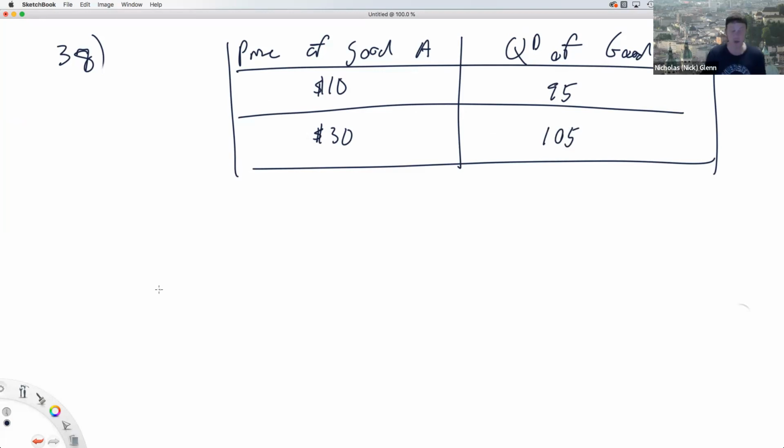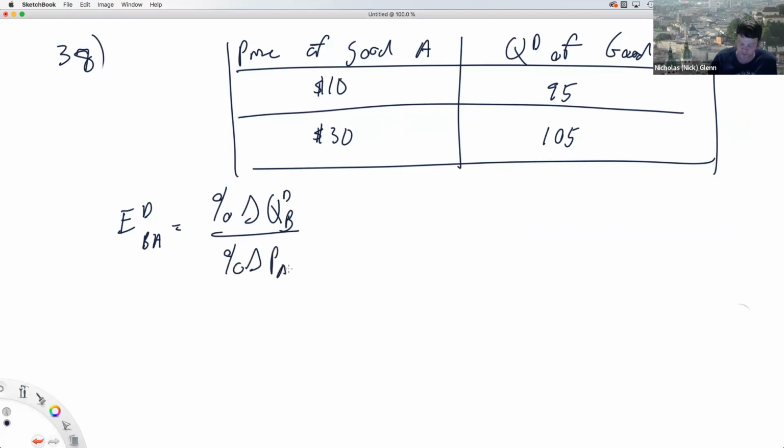All right, so what we need to do is use the midpoint elasticity method here. It's the same way as if you're finding normal elasticity. Here you're looking at the percent change in quantity demanded for good B when you have a percent change in the price of A. But it'd be the same if you were, for instance, just doing normal elasticity.